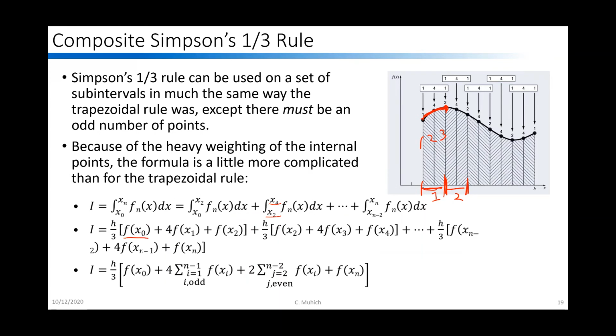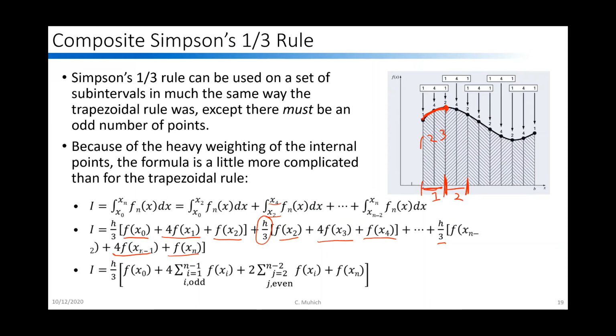So we get f of x0, then 4 f of x1 plus f of x2. Then I still have my 1/3 piece out front, f of x2 plus 4 f of x3 plus f of x4. And then this pattern will repeat all the way until I get h over 3 times f of x n minus 2 plus 4 f of x n minus 1 plus f of x n.